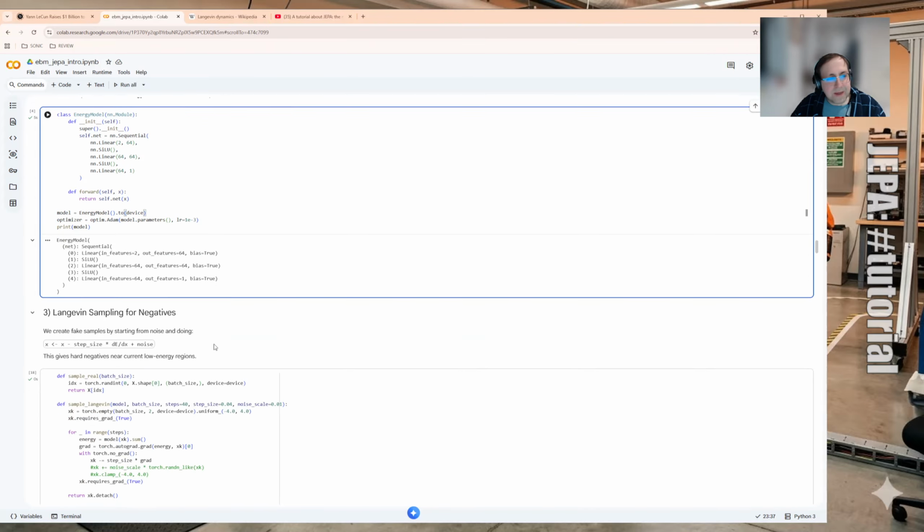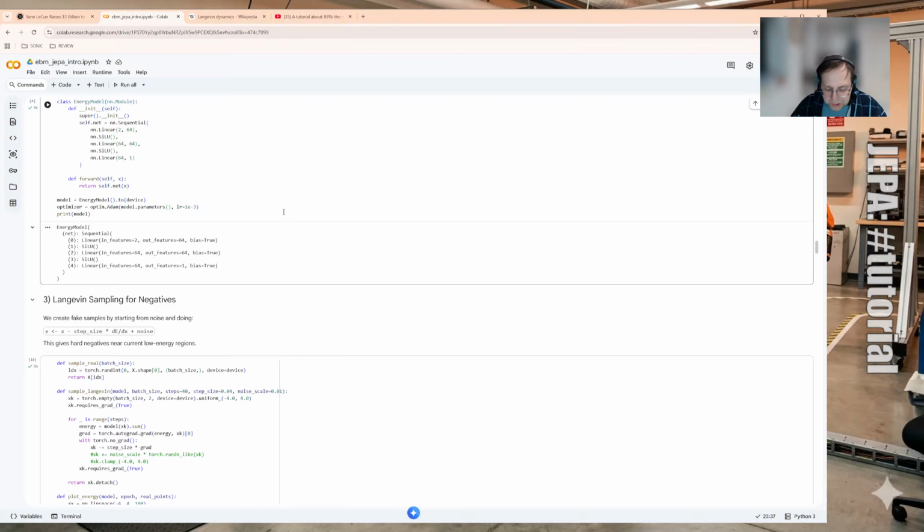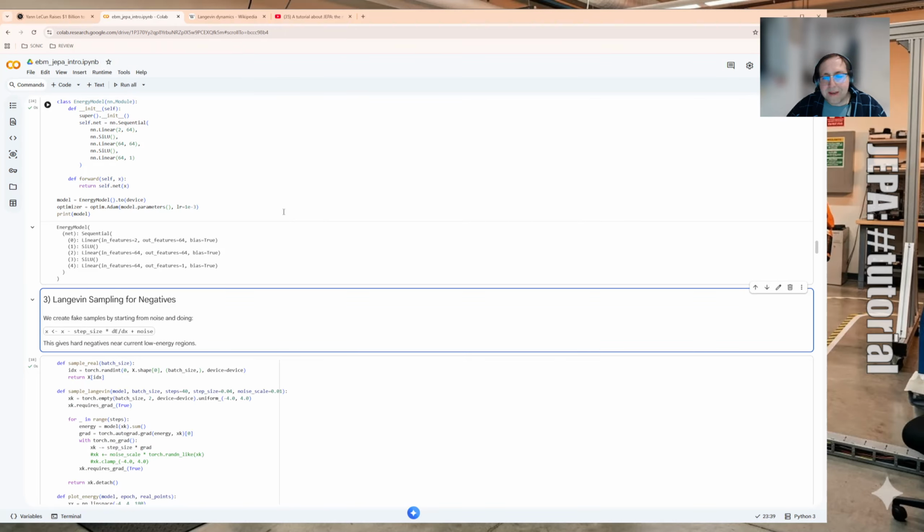And okay, so you have this function which is totally random. And now the problem is, well, how do I choose these negative samples from, right? Because they don't exist in my original set, and I have to sort of create them. And in a contrastive energy based model, we need points that can do this push pull.